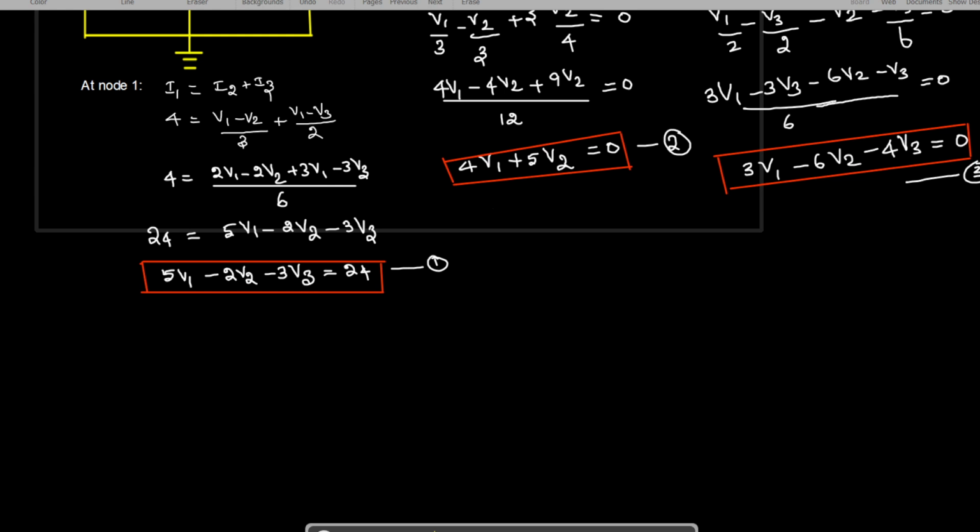For that, this first equation should be multiplied by 4, so that you will get 20V1 minus 8V2 minus 12V3, that is equal to 96.